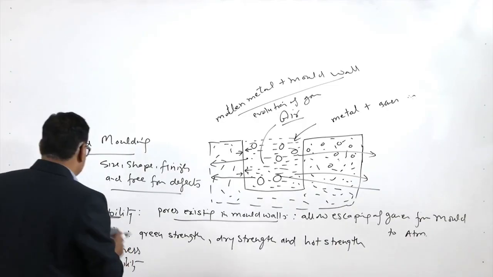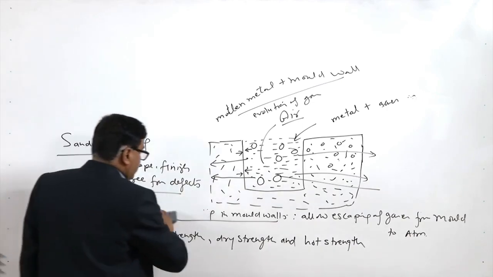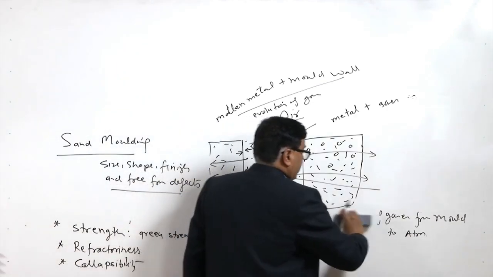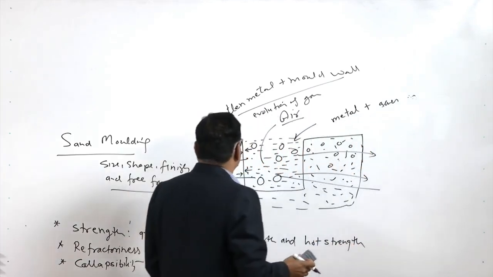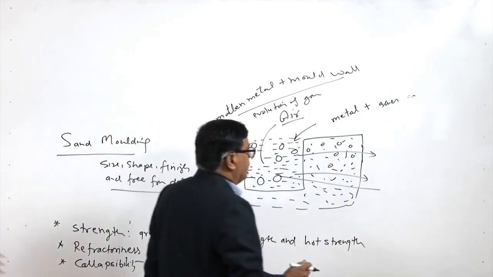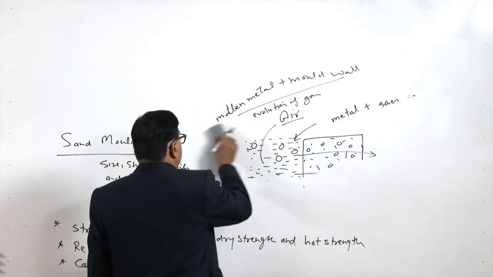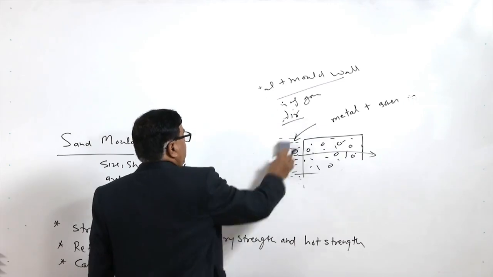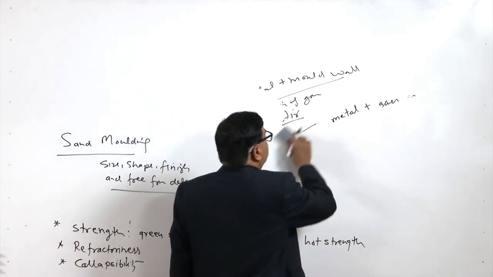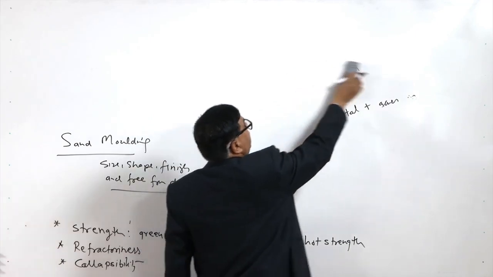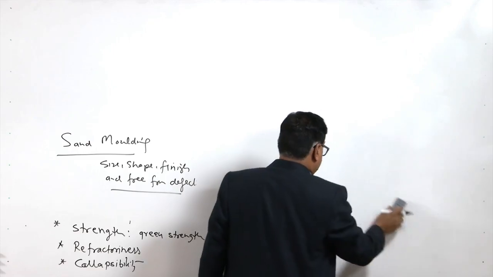Then we come to another important characteristic, which is the strength. Strength of the mold is important, certainly, because whatever the shape of the mold, that will be retained under the metallostatic pressure of the molten metal only if the mold is of the desired strength.